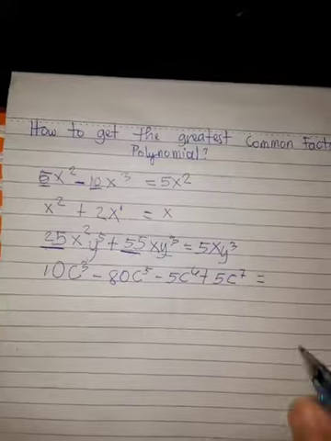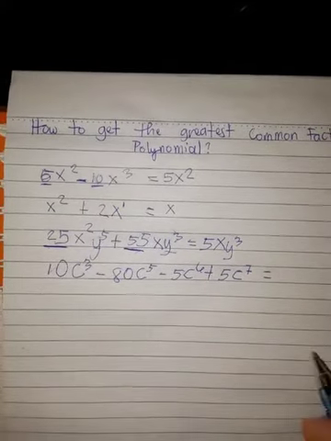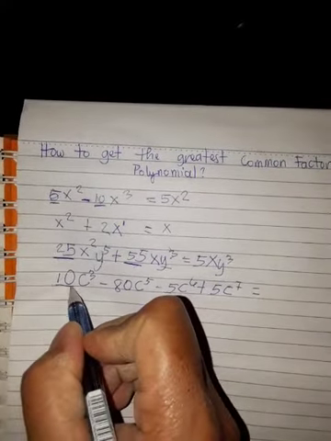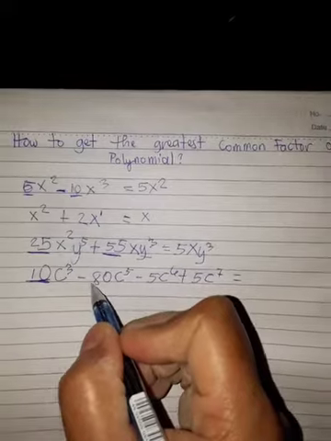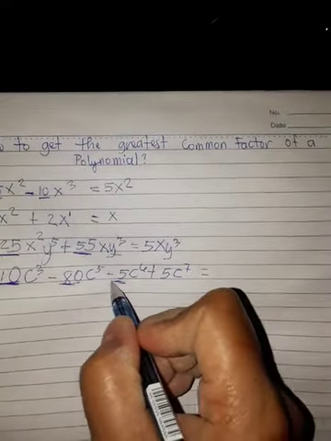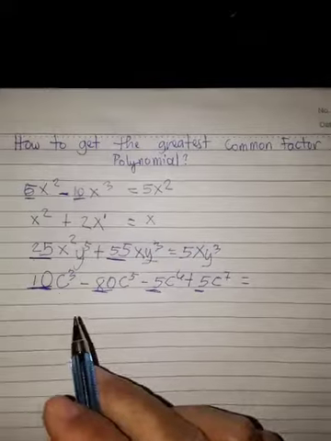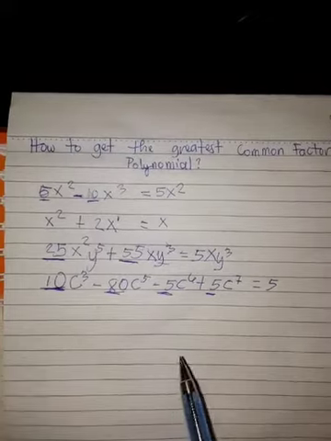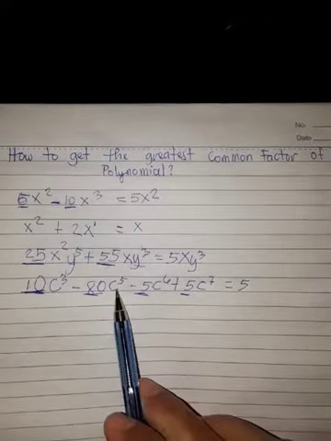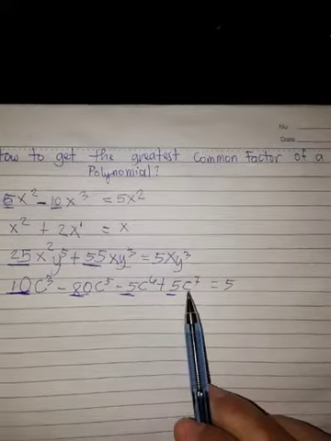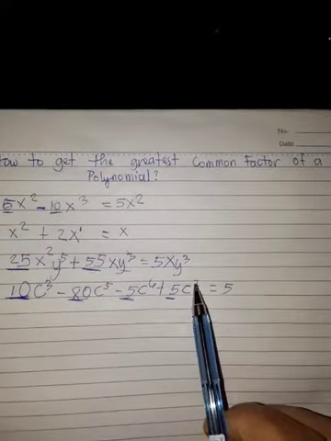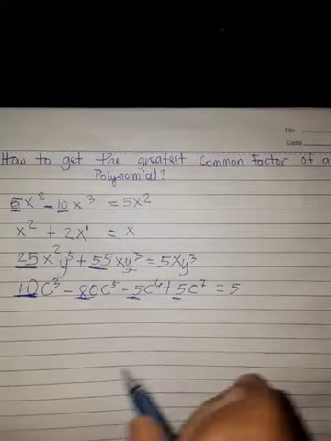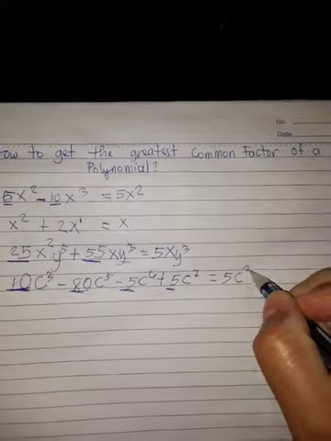We will look for the numerical coefficient first and look for their greatest common factor: 10, 80, 5, and 5. Of course, all of them are divisible by 5, so 5. All of them have the literal coefficient c. Look at the exponents, 7, 6, 5, 3. The least exponent, so c cubed.